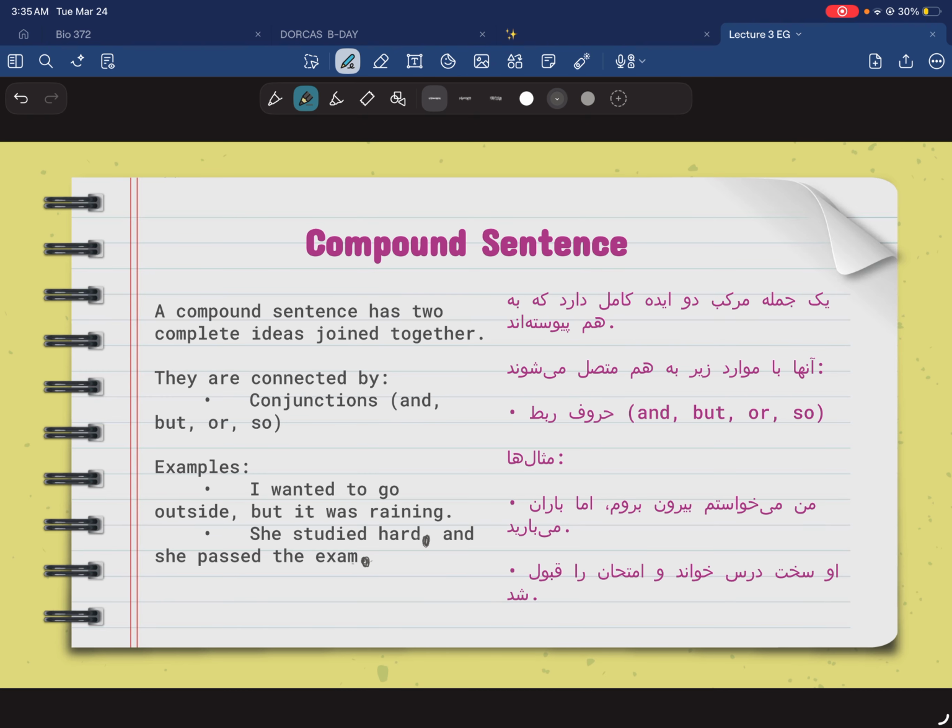So, she studied hard and she passed the exam. So now we see the connection that because she studied hard, she passed the exam. Better than just simply making them two sentences, if that makes sense.